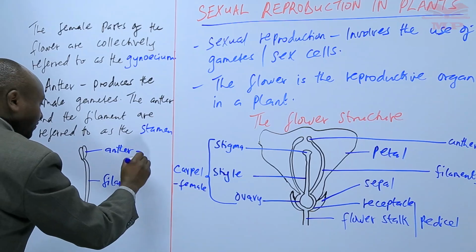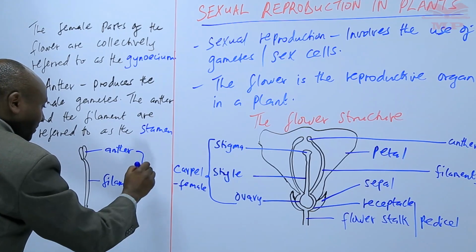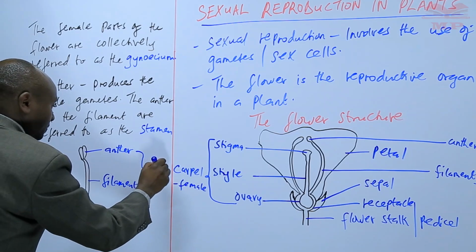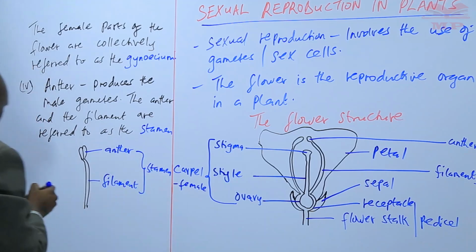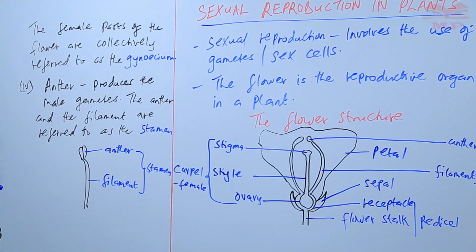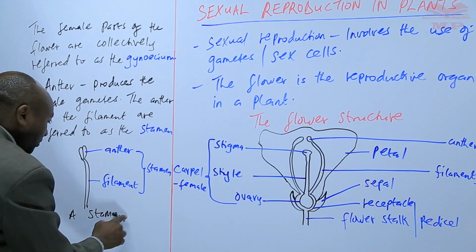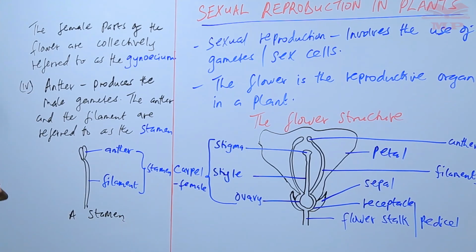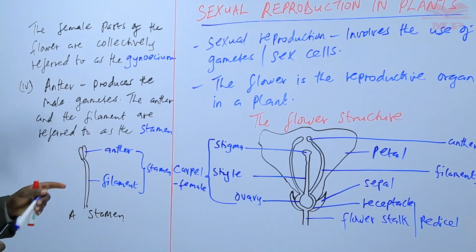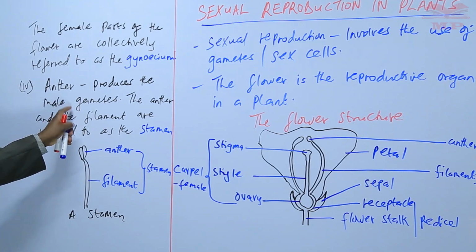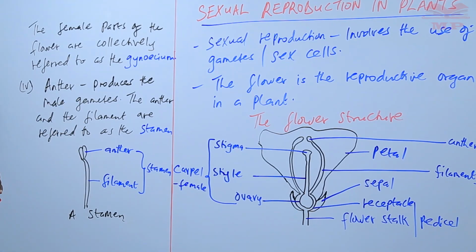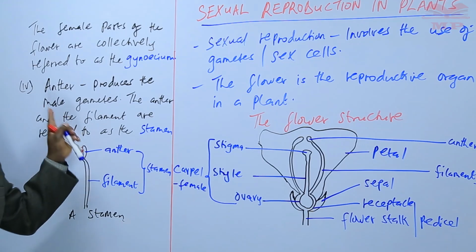They collectively form a stamen. So we have a diagram showing how a stamen looks. And I've said that the most important part of the stamen is the anther, the top part, because it's the one that produces the male gametes, the male sex cells.